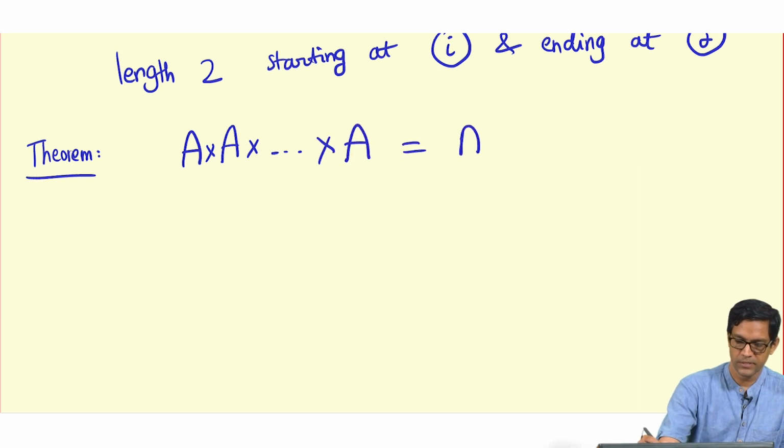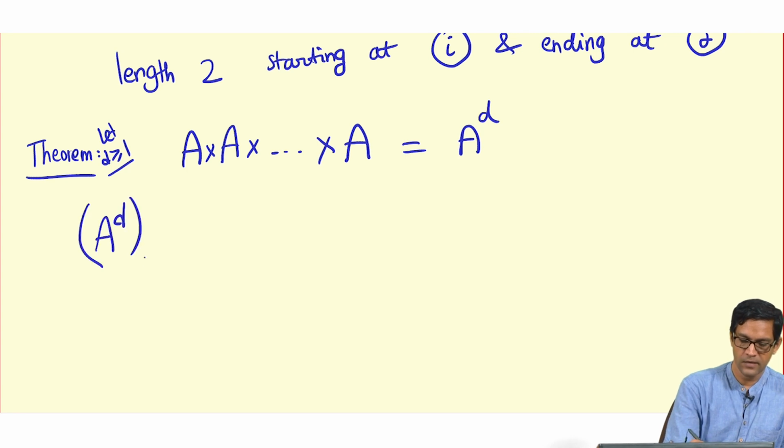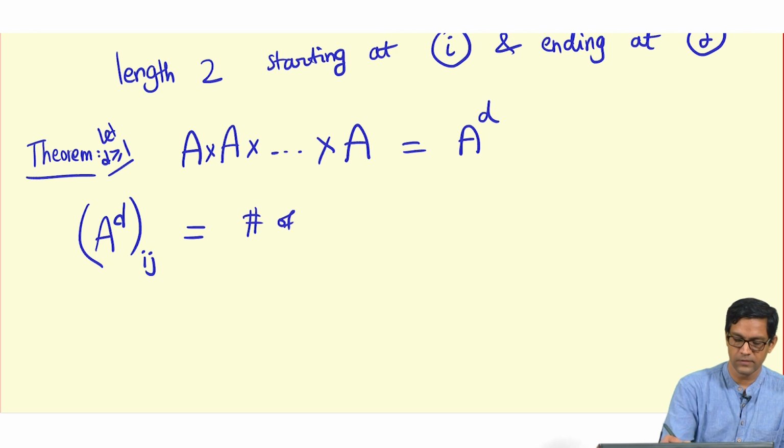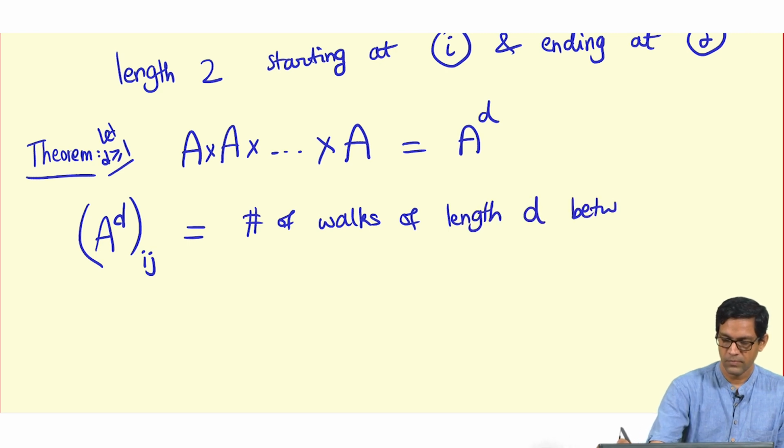Look at this matrix A power d. So, let d be any number, can be 1 or higher. Look at A to the d, then take A to the d and look at ij. This is just notation for the element in the ith row and jth column. This is exactly the number of walks of length d between vertices i and j.